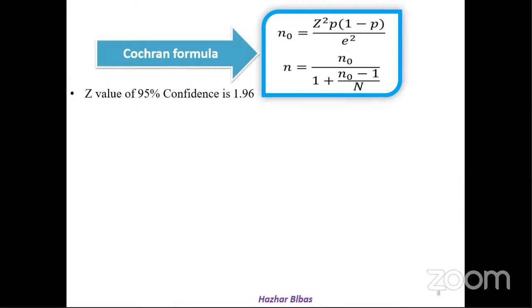For example, the z value for a 95% confidence level is 1.96. 95% means 5% of error, type 1 error, okay? It means 95% your work would be contained within these two limits, upper limit and lower limit. It's easy to find this score if you take a 95% confidence level, 99%, 97%, and so on. There's a table, you can search for it and easily find it.